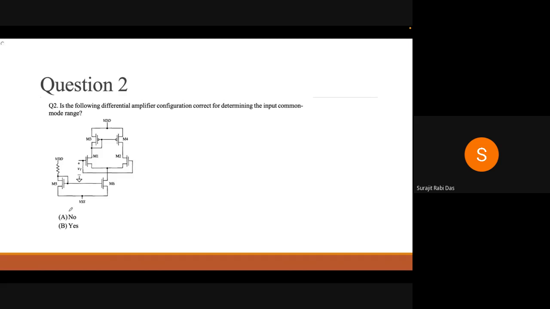For VCM min, it is V overdrive plus VT minus VSS plus V of current source, that is the voltage across the current source. Here we cannot get the current source directly, but for finding the VCS, we can take the drain to source voltage of M6, which acts as the overall current source voltage. So from that, I think the VCM min can also be found.